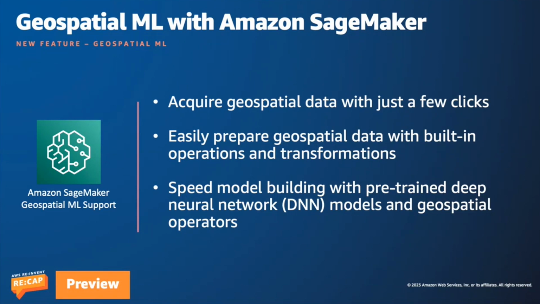And what we have made available within the SageMaker notebook as a new functionality is that you can now easily build, train, and deploy machine learning models using those geospatial data, right? And you can take advantage of this for a variety of different use cases.